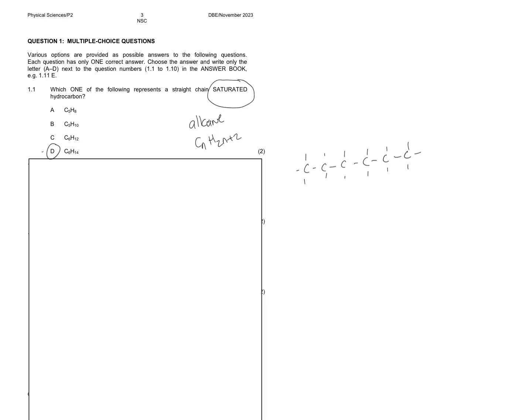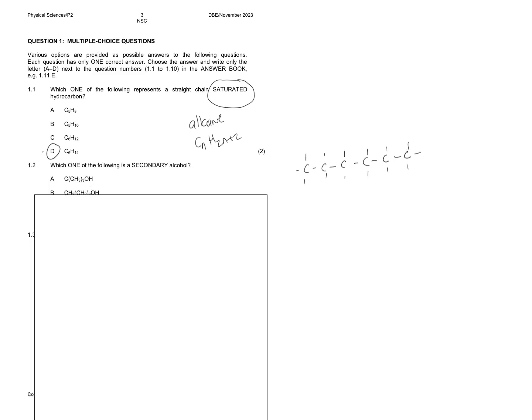So that one is the only one out of the 4, so that one must be the answer. If you can't work out what it is, you can work out what it definitely isn't. So this is hexane, and it's 1, 2, 3, 4, 5, 6, 7, 8, 9, 10, 11, 12, 13, 14 hydrogens for 6 carbons.